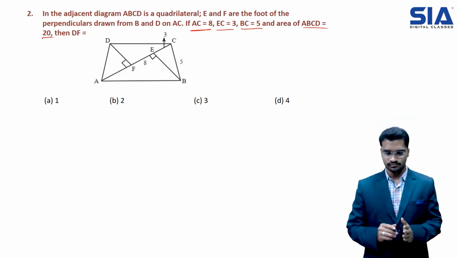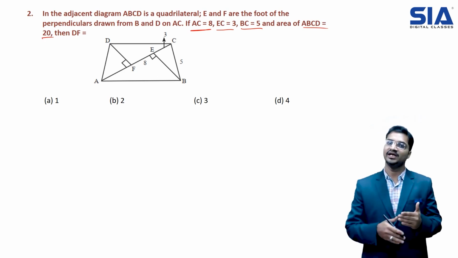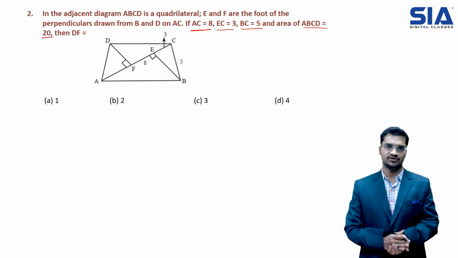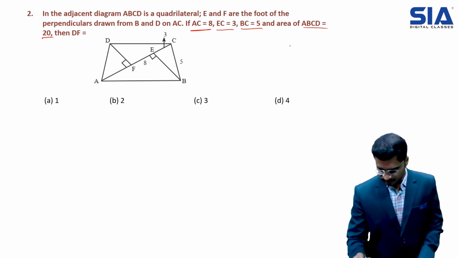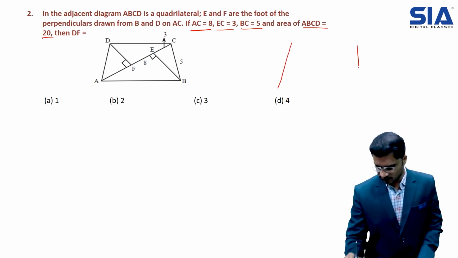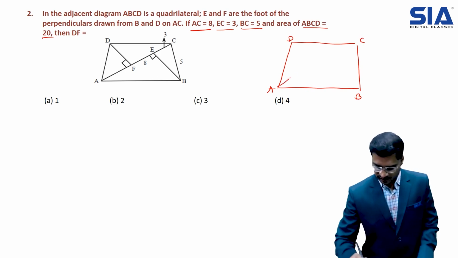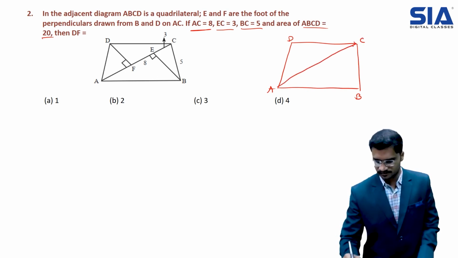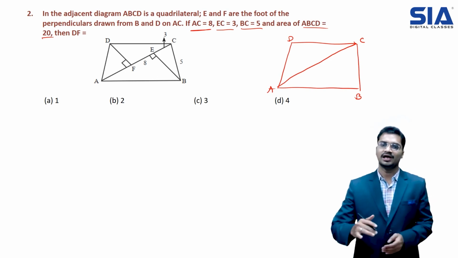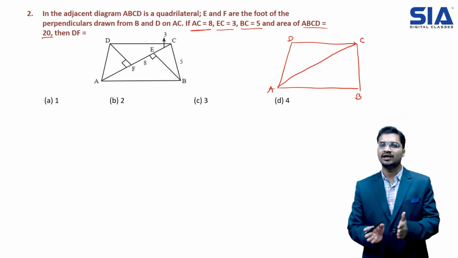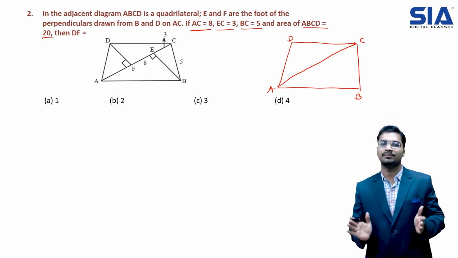In this question, the area of this quadrilateral is already given. So how can we find the area of this quadrilateral? Basically, this quadrilateral is something like this, which is A, B, C, and D. After drawing the line AC like this, I can say that this quadrilateral is being split into two separate triangles.